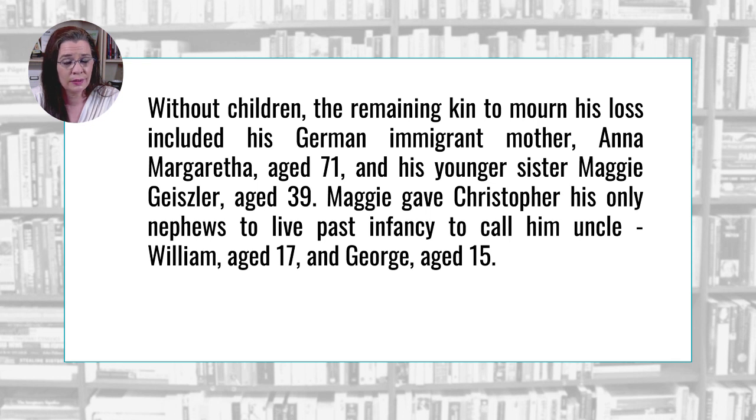Without children, the remaining kin to mourn Christopher's loss included his German immigrant mother, Anna Margareta, age 71, and his younger sister, Maggie Geisler, age 39. Maggie gave Christopher his only 2 nephews to live past infancy to call him uncle, William, age 17, and George, age 15.